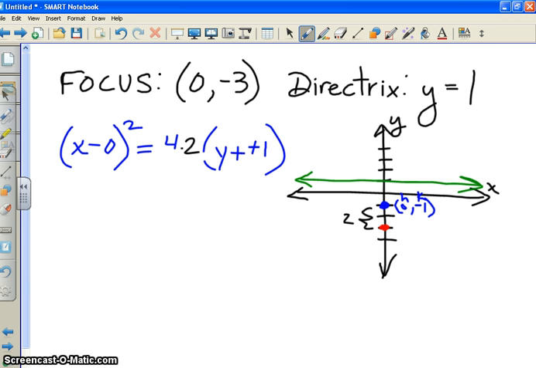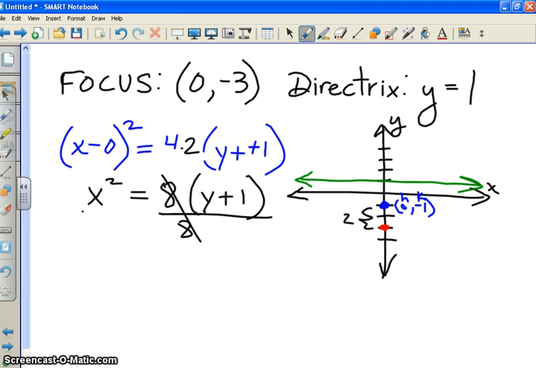And now let's simplify. x minus 0 squared is just going to be x squared. 4 times 2 is 8, times (y plus 1). If we divide by 8, we can get rid of that. That'll leave us y plus 1 equals x squared over 8.